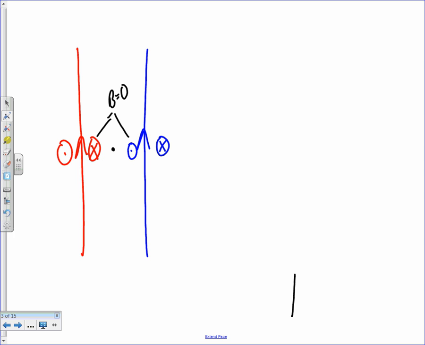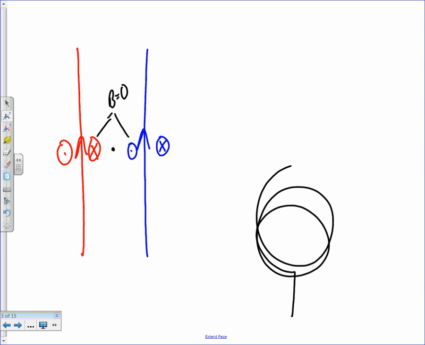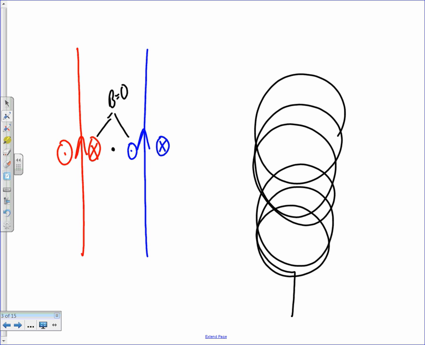Here's another application of the curl rule. Let's say that we have a solenoid. A solenoid is a coil of wire that looks like this. Let's say there is a current going in that direction. Let me redraw it a little bit better so you can see it, just make it a little more compact.